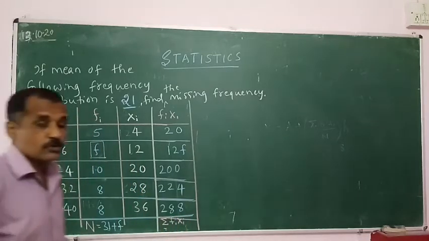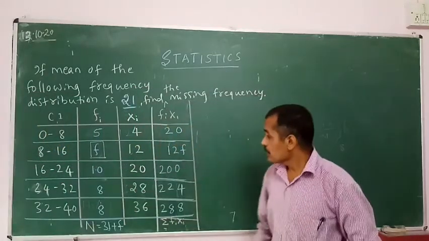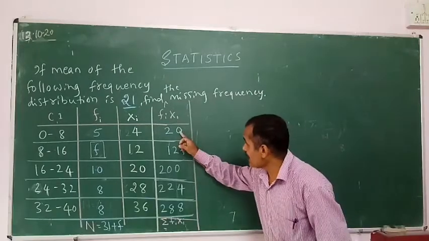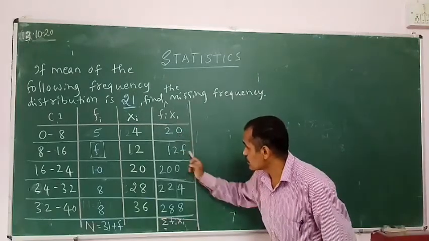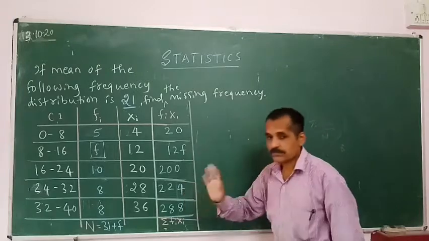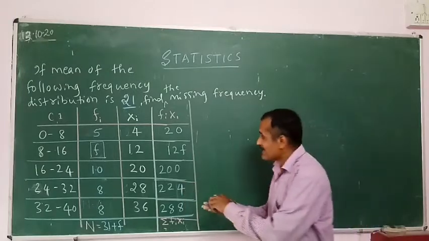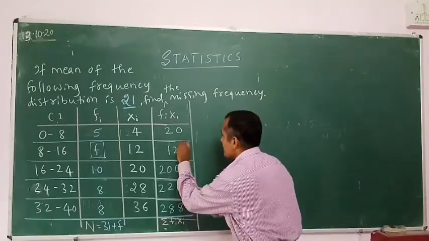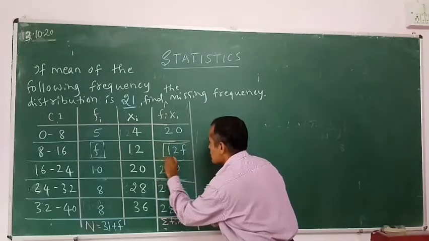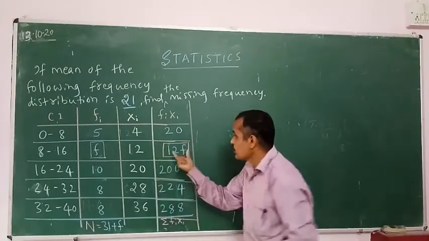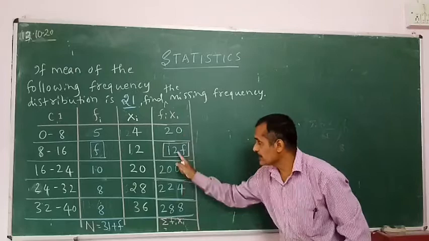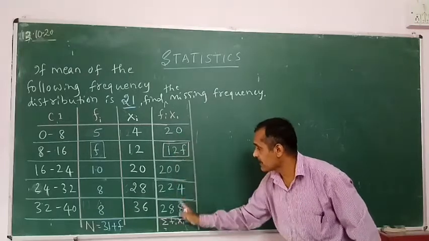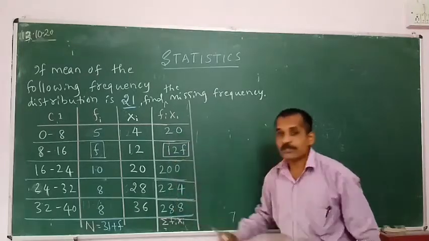See here, sometimes the students make the mistake. What they will do? They will add it all: 0 plus 2, 2 plus 4, 6. No, my dear children, this is 12f. This is very, very important. This is 12f. Excluding this, these two cannot be clubbed here. This one cannot be clubbed with this.